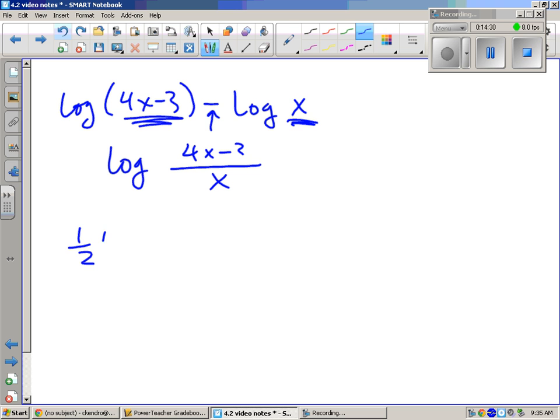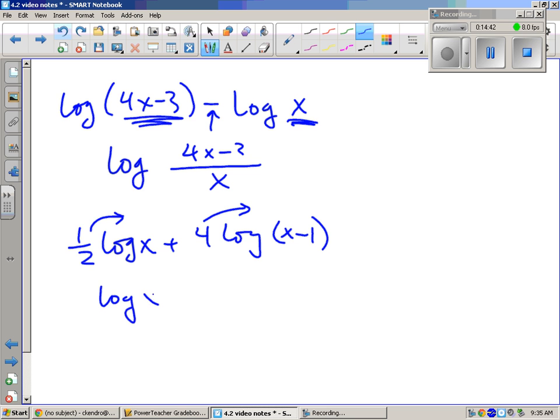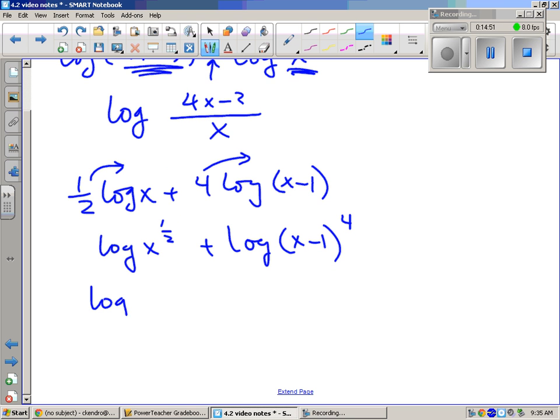Let's keep going. So 1/2 log of x plus 4 log of x minus 1. All right, I do have some powers, so I'm going to put those back where they belong. So log of x to the 1/2 plus log of x minus 1 to the 4th. The next thing we do is write the word log once, and then we decide what we have.